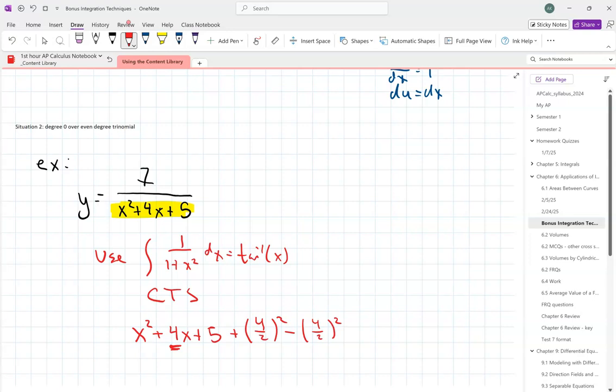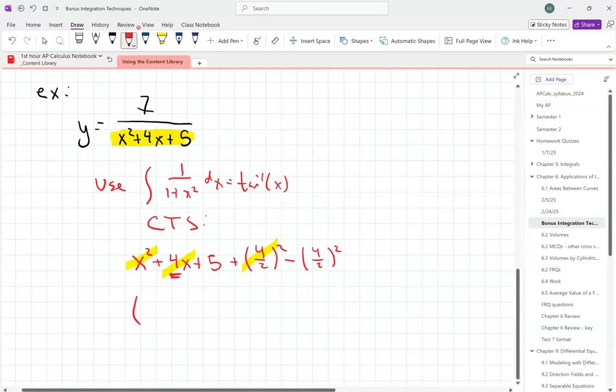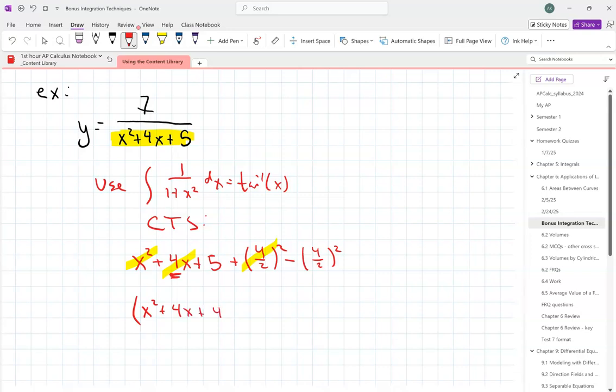Same as doing nothing at all. Everybody kind of remember doing this? So what I do now is group together this piece and this piece, and do a little simplifying.